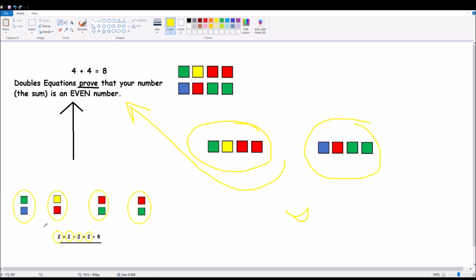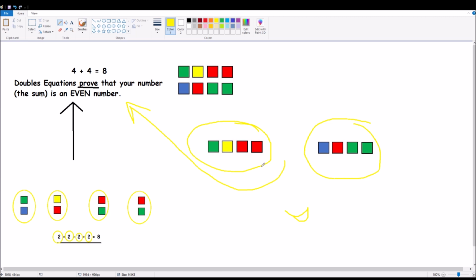All right, so we have down here no doubles equation. It doesn't prove that 8 is an even number. But our pictures prove that 8 is an even number because there's nothing odd. There's no extras. They're all groups of 2. It's very important. Up here, we have 2 groups.